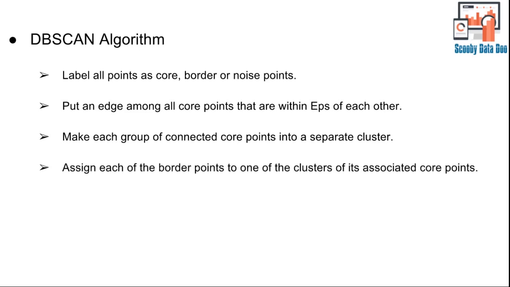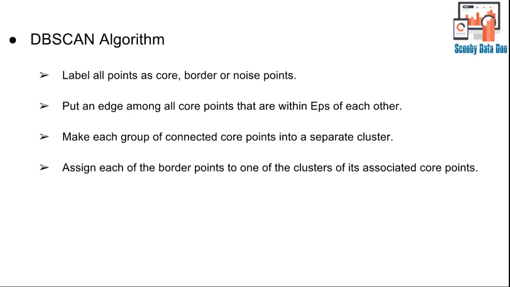Now we are done with the core points. Now let's assign all the border points to one of the clusters of its associated core points. So each border point is associated with core points, right?